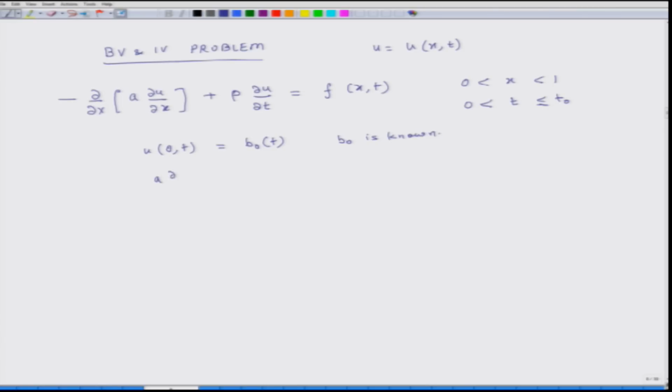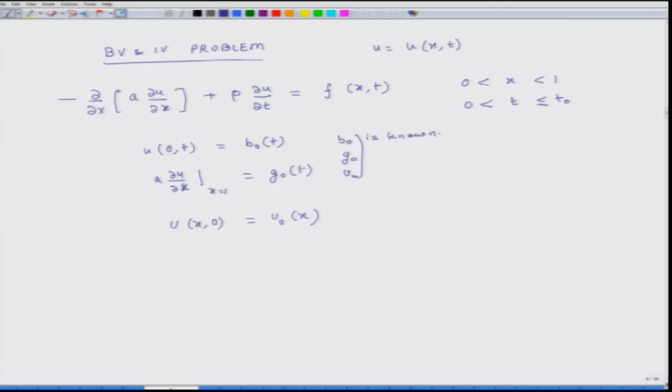Then the value of a times del u over del x at x equals 1 is g naught of t, and finally u of x, 0 is u naught of x. So, all these b0, g0 and u0 are known functions. B naught and g naught are known functions of time and u naught is a known function of x.